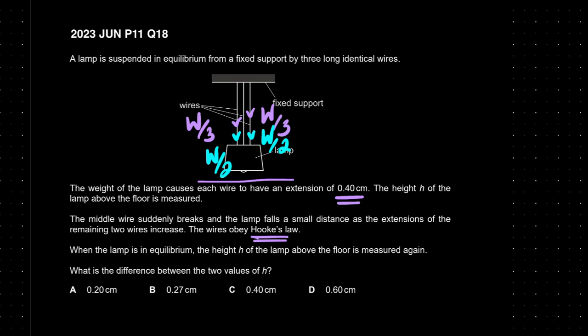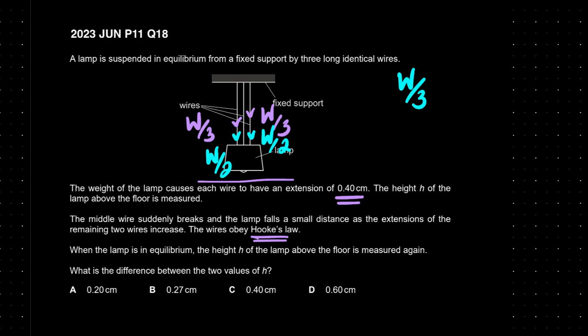Now, using Hooke's law, I can calculate what this new extension is. Let's just use the unitary method, that's easier.